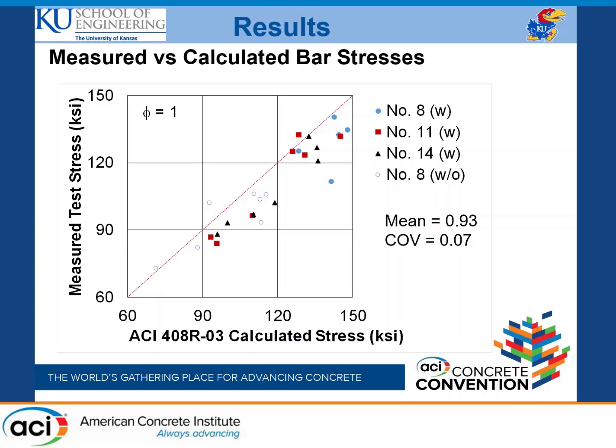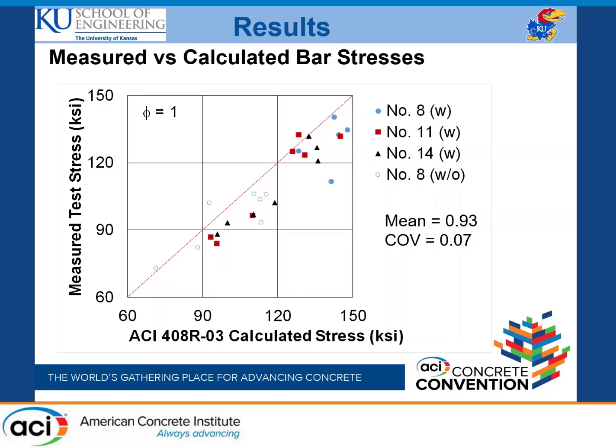In this chart, in the vertical axis we can see measured bar stress, and in the horizontal axis calculated bar stress based on the descriptive equation of ACI 408. We can see here that most of the data are below the red line, the equivalence line. That means the ACI 408 descriptive equation is overestimating the bar stress.